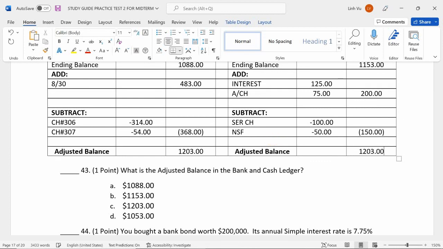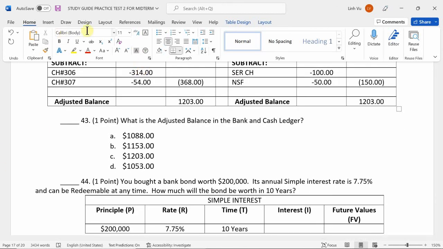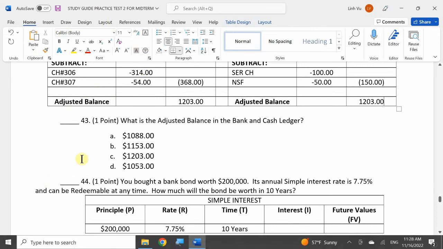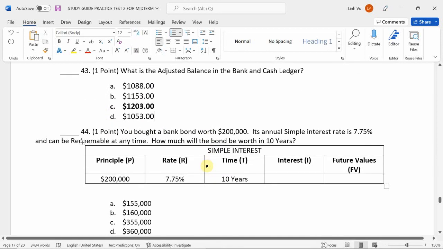And so your answer here, what is the adjusted balance in the bank and cash ledger? It's going to be 1203. Okay. So here you go. That was the bank reconciliation.